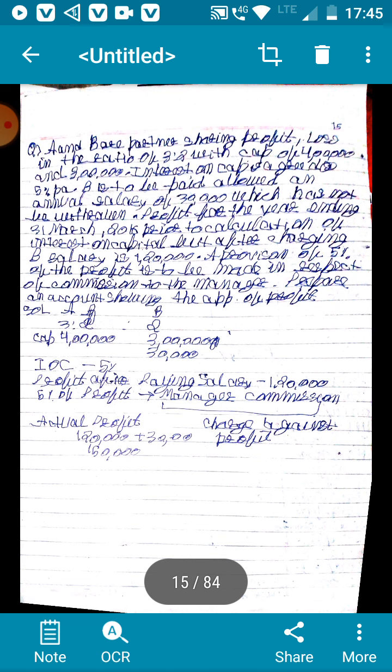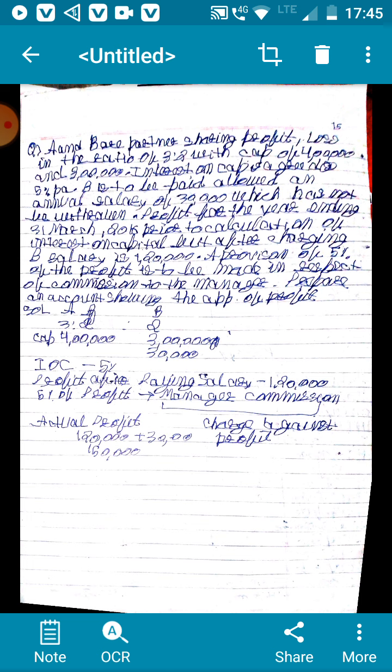Now let's understand the question. A and B are partners sharing profit and loss in the ratio of 3 to 2, with capitals of 4 lakh and 3 lakh. Interest on capital is agreed at the rate of 5% per annum.